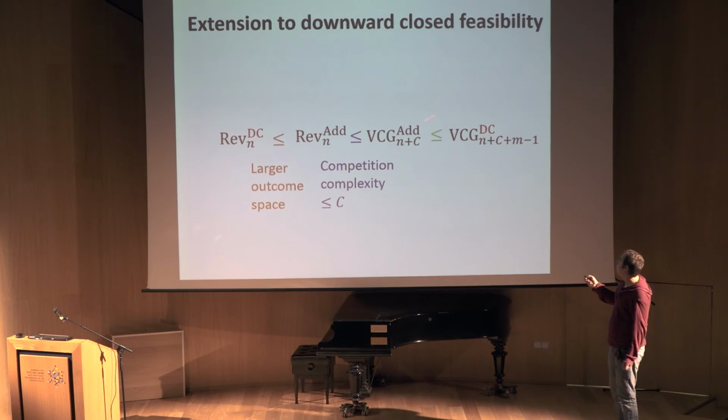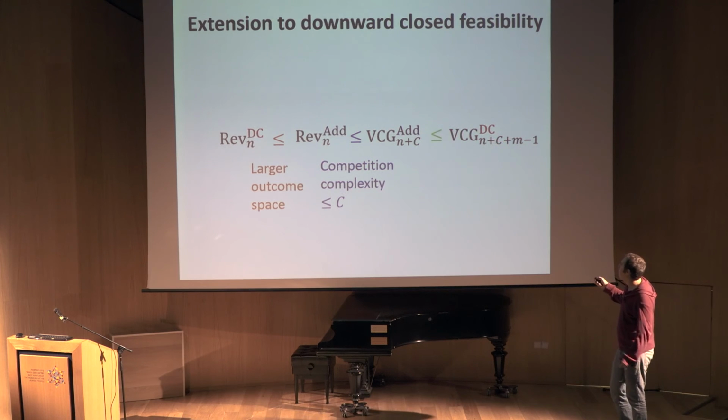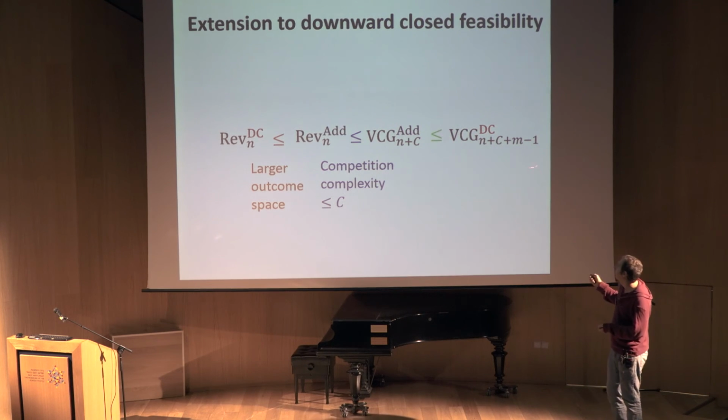And if we prove the right inequality, which says that if we compare VCG with a certain number of additive bidders to VCG with the same number plus n-1 additive bidders subject to constraints, then we get more revenue.